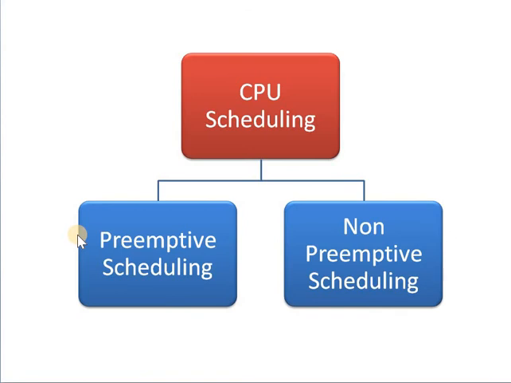The lower priority task holds for some time and resumes when the higher priority task finishes its execution. So, in short, in preemptive scheduling, the tasks are mostly assigned their priorities.